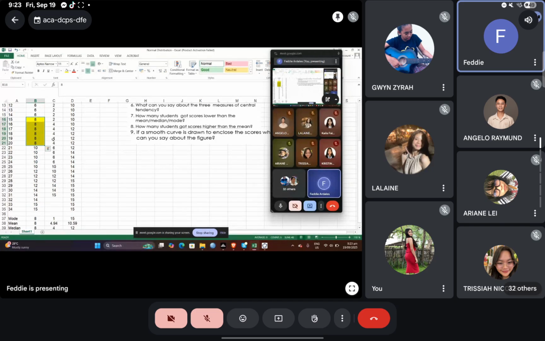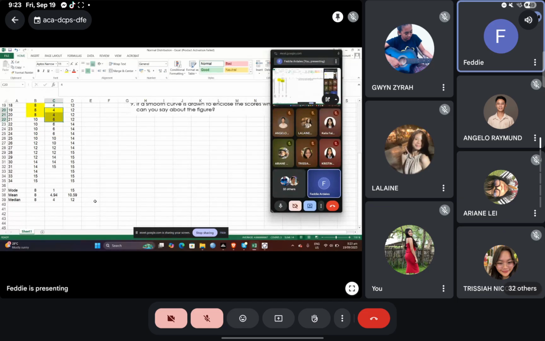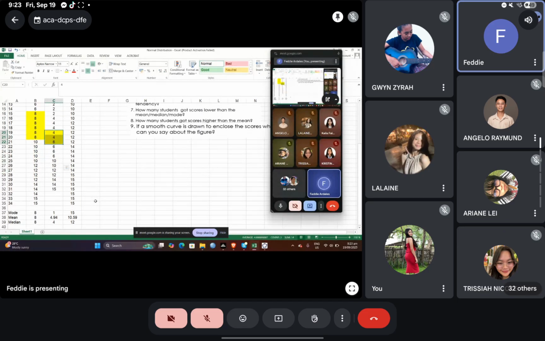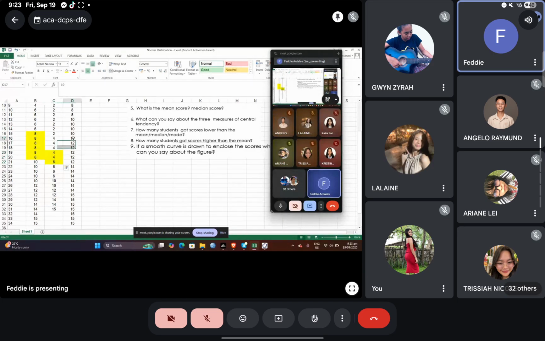9.94. Okay, somewhere here, I'm just highlighting somewhere here. And for group 3, the mean is 10.59, so somewhere here. This is not fixed, but just to show you the approximate location of the mean, the median, and the mode, so that we can answer number 7 here.